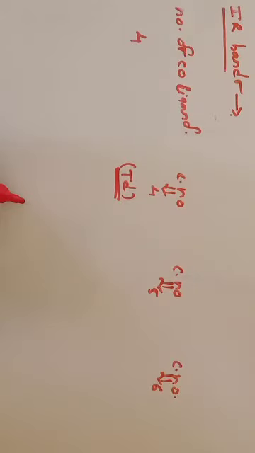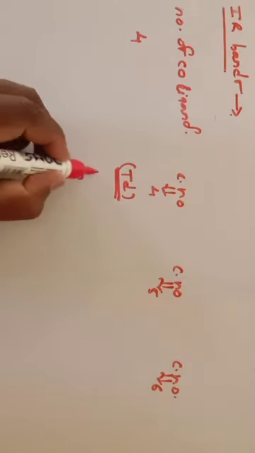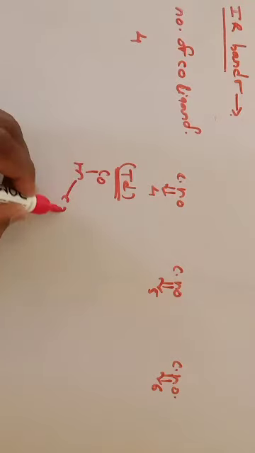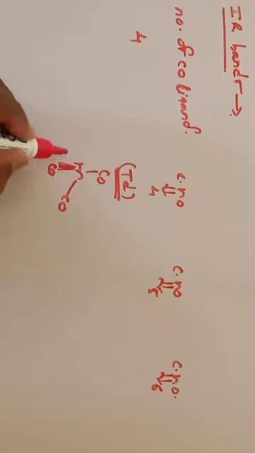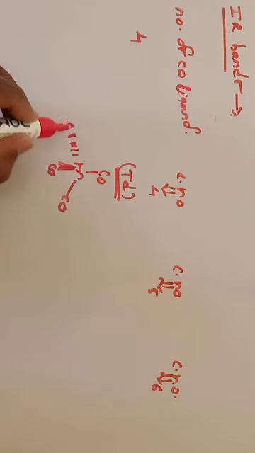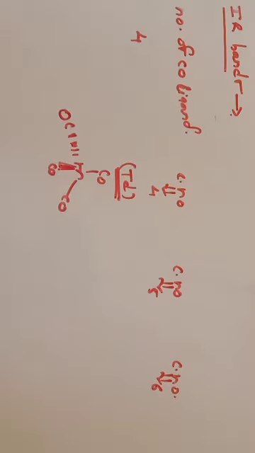So in this case, if you consider this is the CO and there is another CO, when the number of CO ligands is 4 and the coordination number is 4, then the perfect geometry is tetrahedron. In this case, all these carbonyls are equivalent.